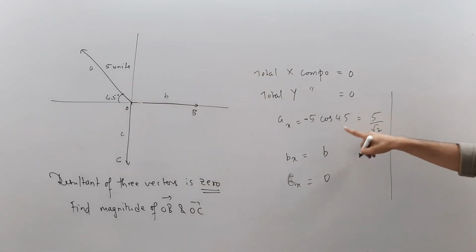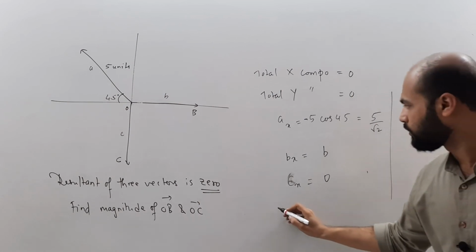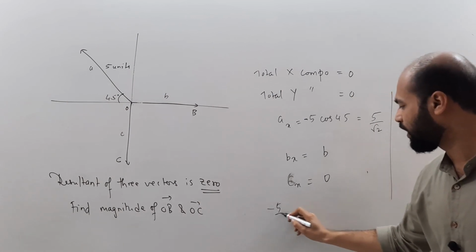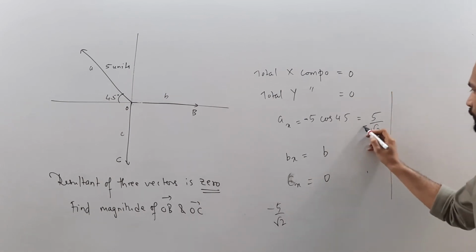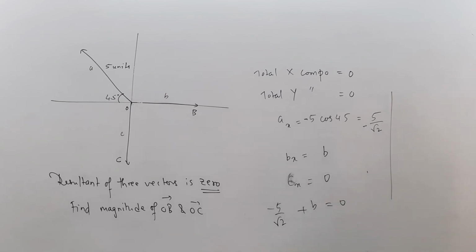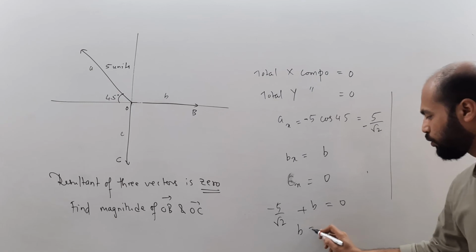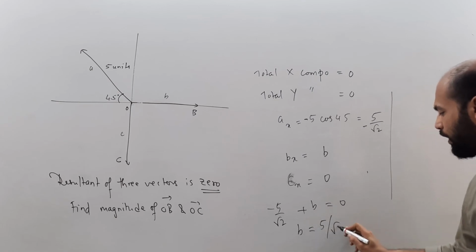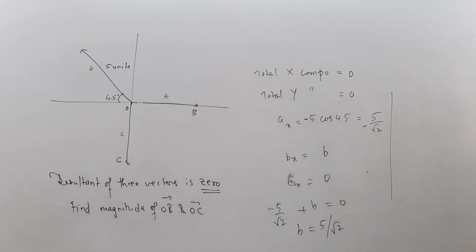So if we add them, then we will get minus 5 by root 2 plus B is going to be 0, which means that B should be 5 by root 2.